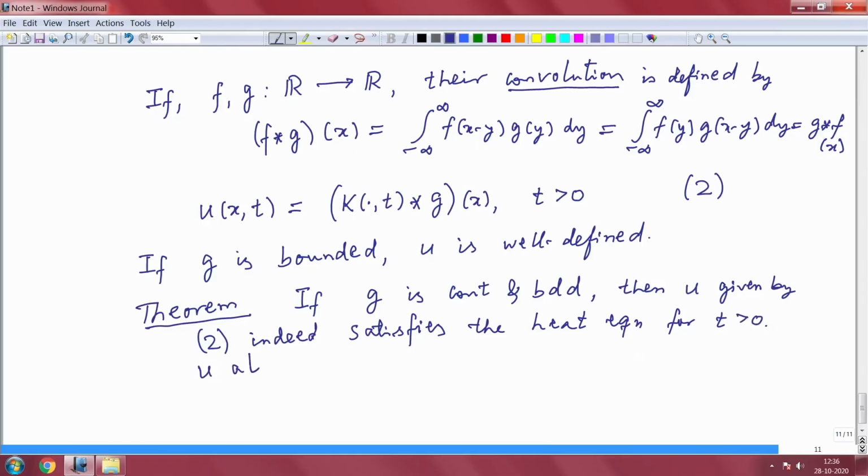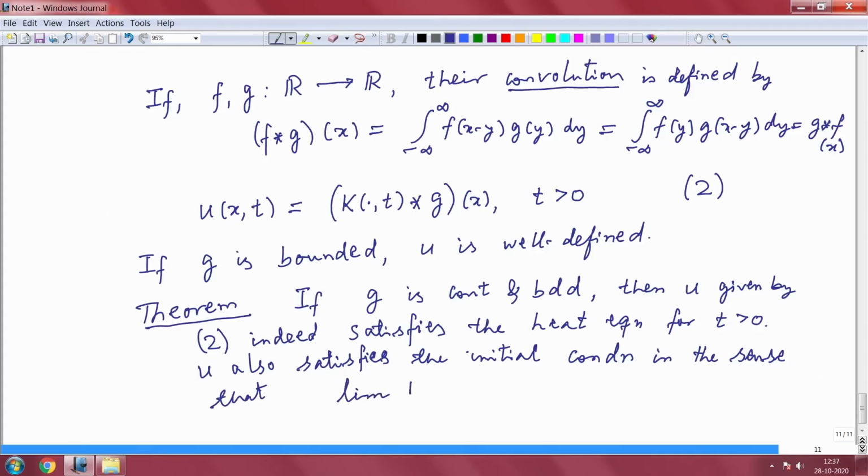u also satisfies the initial condition in the sense that limit u of x, t as x tends to eta and t tends to 0 is equal to g of eta.